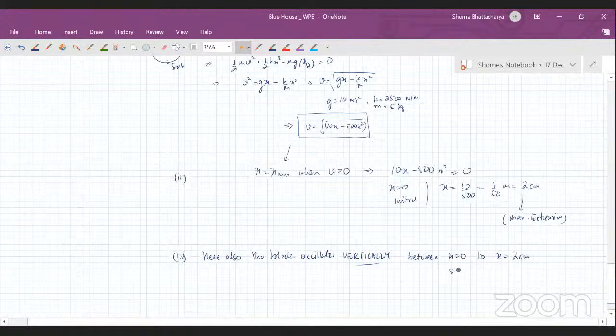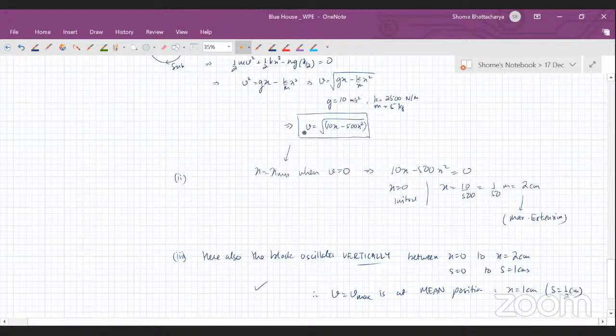That means displacement 0 to displacement equal to 1 centimeter. The v equal to v max is at the mean position. So mean position will be at x equal to 1 centimeter, or that is the same thing as a displacement of half a centimeter. So you can understand this logically, or we can use maxima minima also.